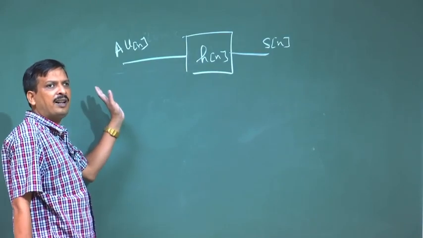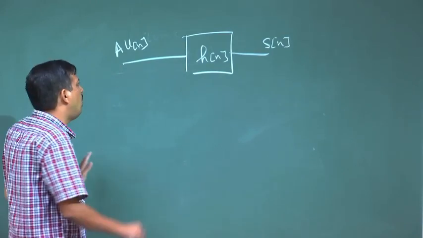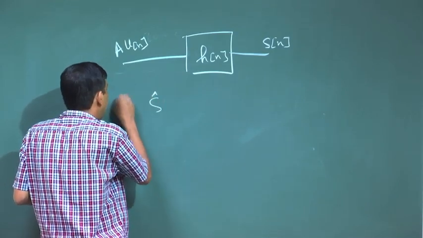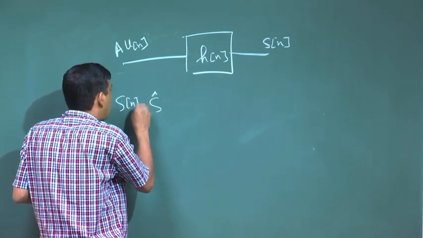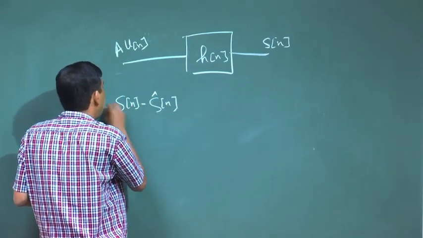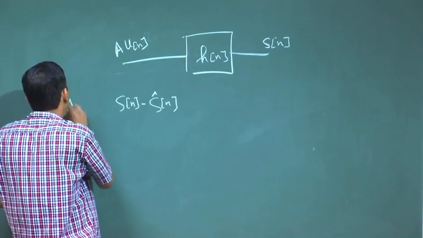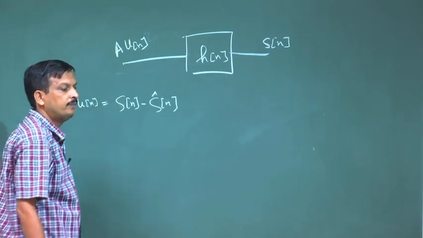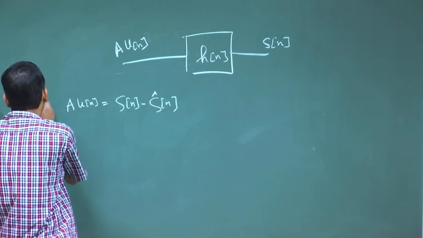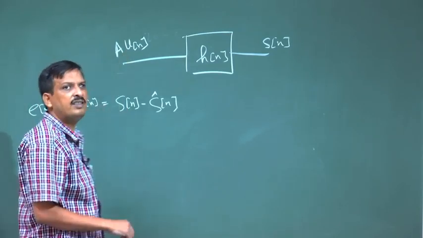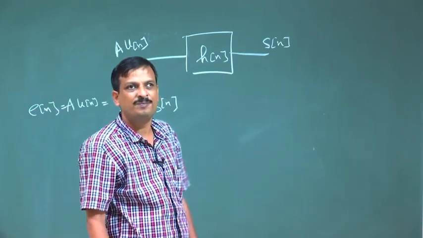Now, if you remember linear prediction, I want to predict the signal s(n), and if I subtract the predicted signal, the remaining is nothing but the excitation. The error signal is nothing but the excitation signal, inverse filtering.